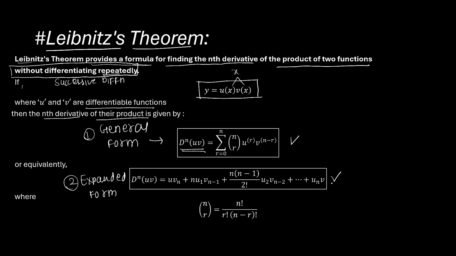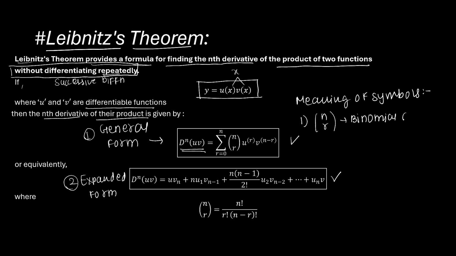Now let's talk about the meaning of symbols used here. First, this is summation r equals 0 to n. Then n choose r, which is simply called the binomial coefficient. The value of this binomial coefficient is n factorial upon r factorial times n minus r factorial.